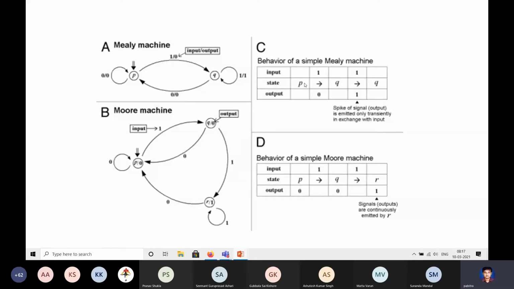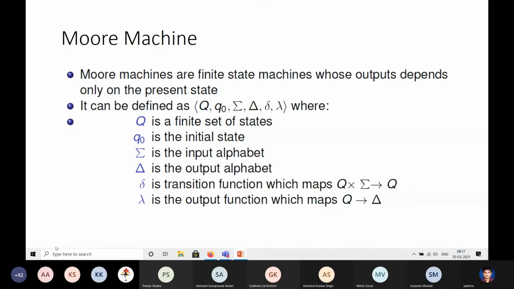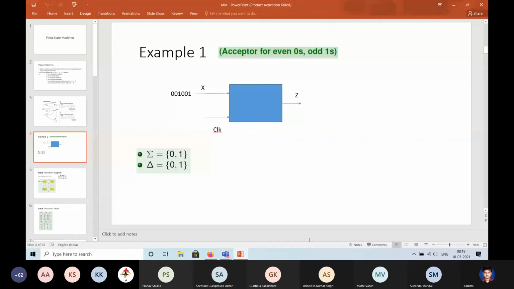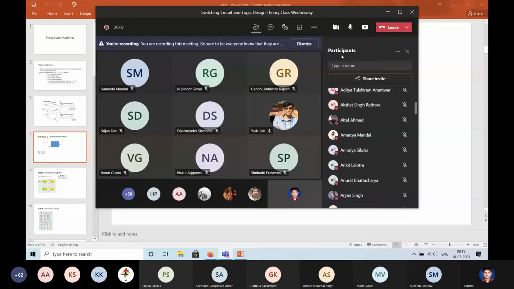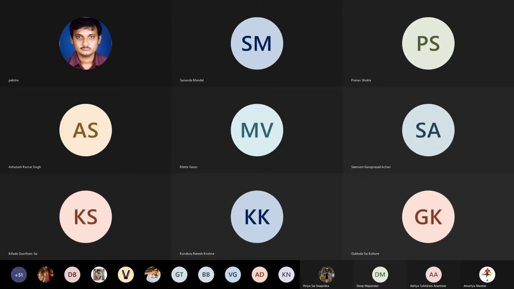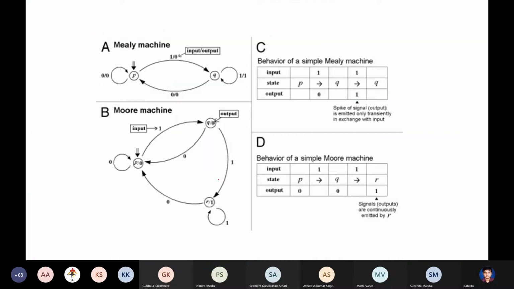Let's look at it like this. Let's say I'm taking a leading edge.